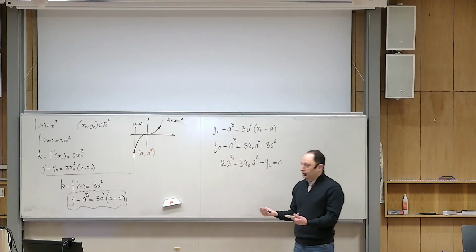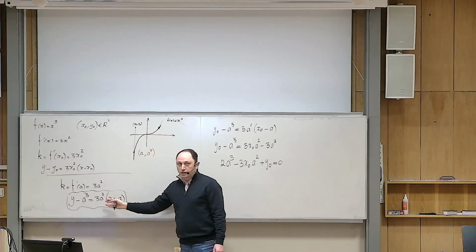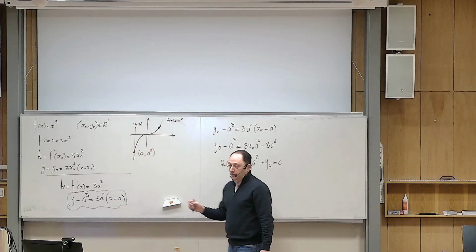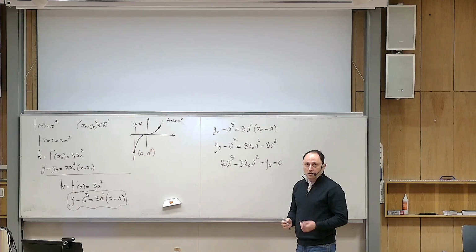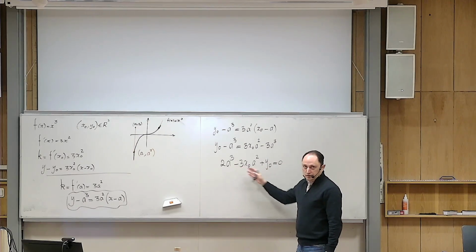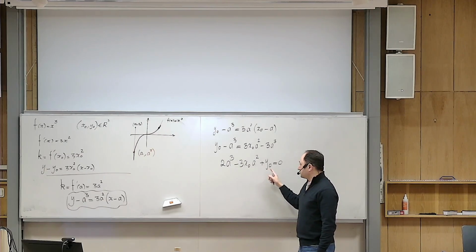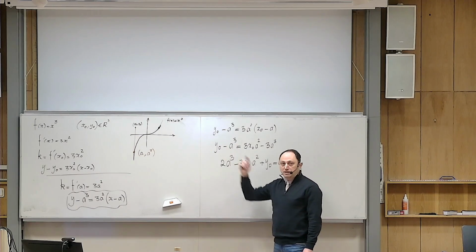Whatever I find for a, I put it back into this equation, then I will get an equation for the tangent line. Depending on how many solutions there are, I will get that number of tangent lines. For example, if there are no solutions for this equation for a given x node and y node, it means that it is not possible to draw a tangent line from that given point.